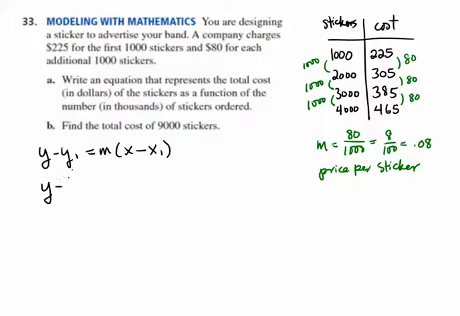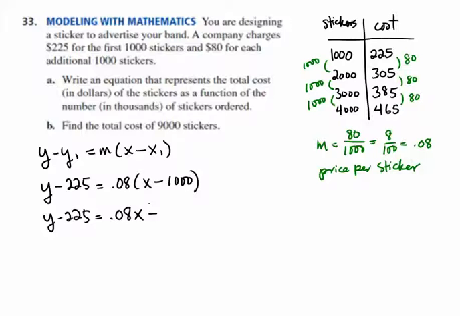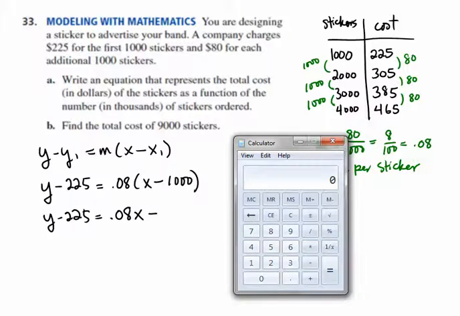Y minus 225 is equal to 0.08 times x minus 1,000, and we can begin to multiply out. Y minus 225 is equal to 0.08x, and then minus 0.08 times 1,000.